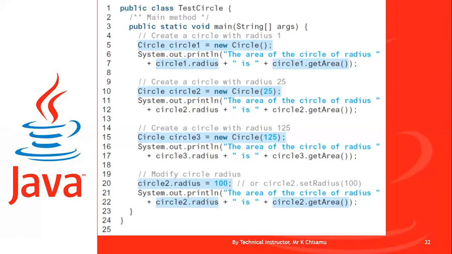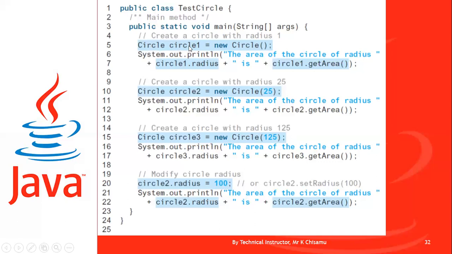And line 5 is an instantiation of an object called cycle1, whose data type is the name of the class, Cycle. So here we create a variable whose data type is the Cycle class. Because the variable cycle1 has a data type which is the name of a class, you can see where my cursor is, this is the name of a class.